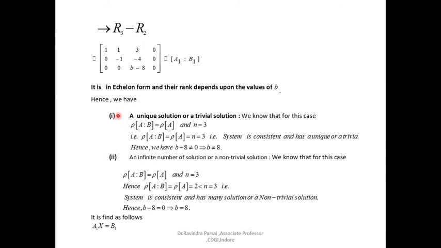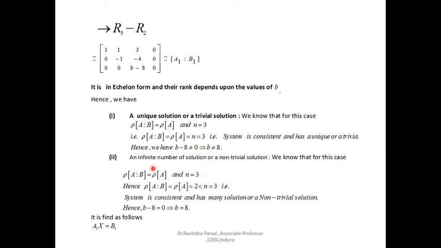For a unique solution or a trivial solution, the rank of the augmented matrix equals the rank of the coefficient matrix, and the number of unknowns also has to be counted. When both are equal and equal to the number of unknowns, only then is a unique solution possible. So that is possible only if b is not equal to 8.